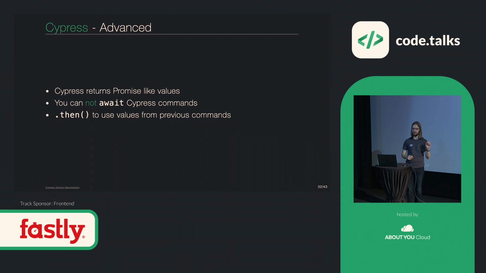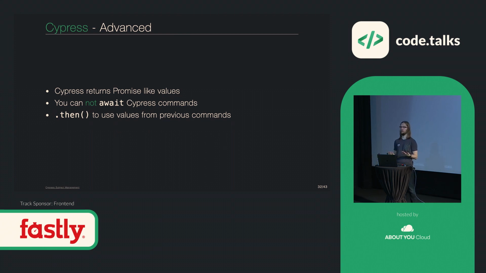The important thing here is Cypress returns a promise-like value. So it's like a promise in the terms that you have a .then on it and it's asynchronous, but it's not like a promise because you cannot await it and structure your code differently. There are libraries that integrate with Cypress that enable you to write await style code, but it doesn't come native. So if we want to get multiple elements, we would need to nest then blocks.